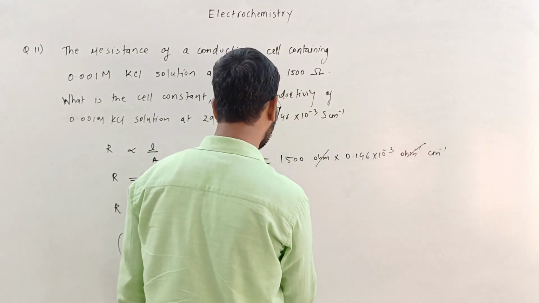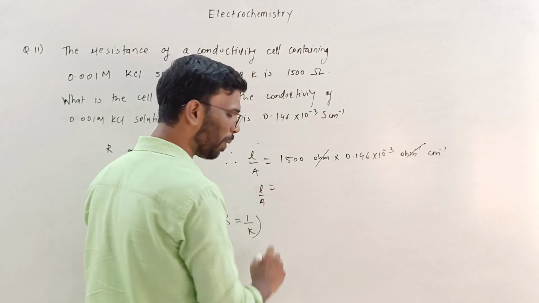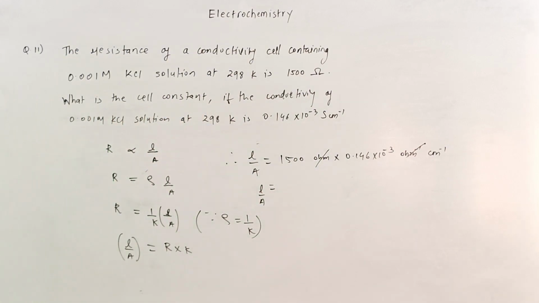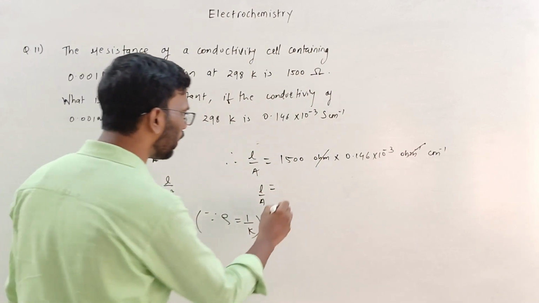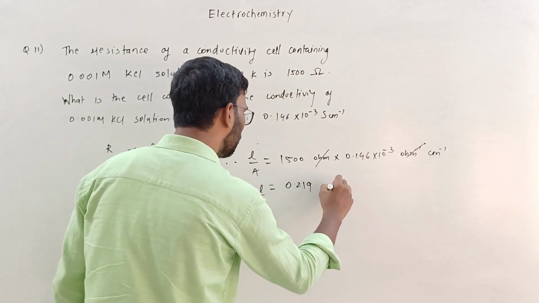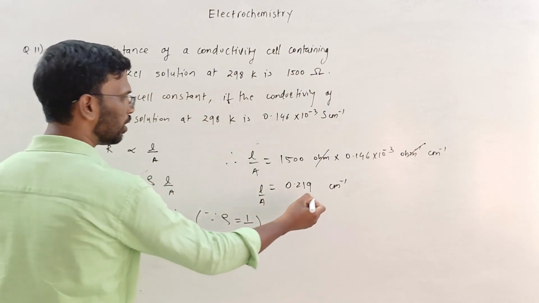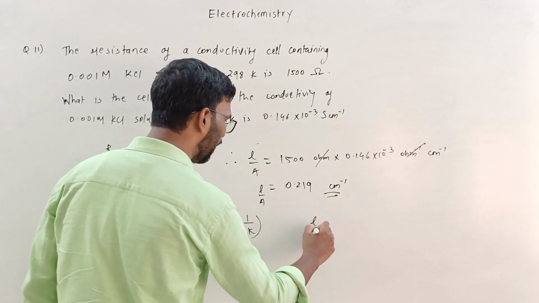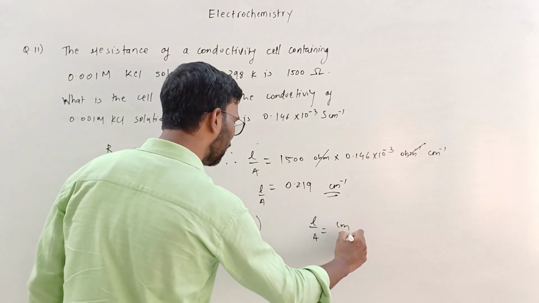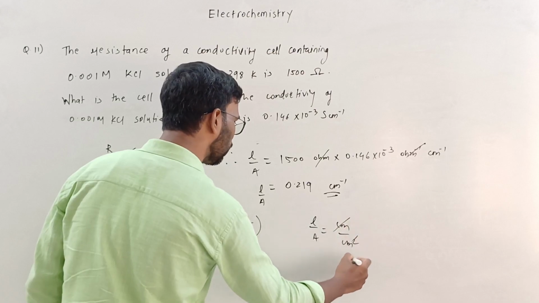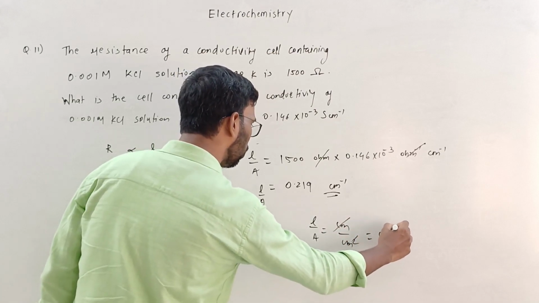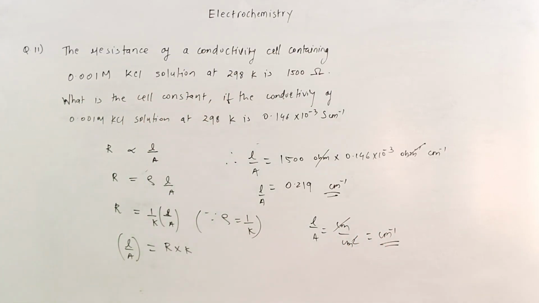The ohm and ohm inverse will get cancelled. So l by A comes to be 0.219 per centimeter. Obviously the answer should be in per centimeter. Since l is in centimeter and A is in centimeter square, one centimeter gets cancelled, which is equal to per centimeter, right?